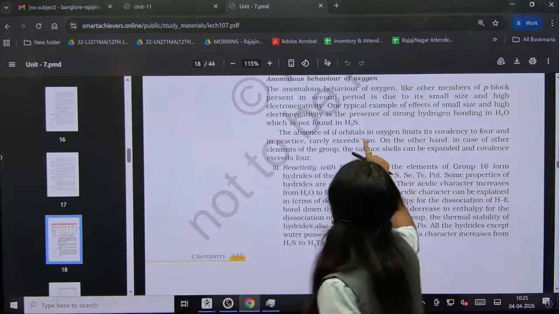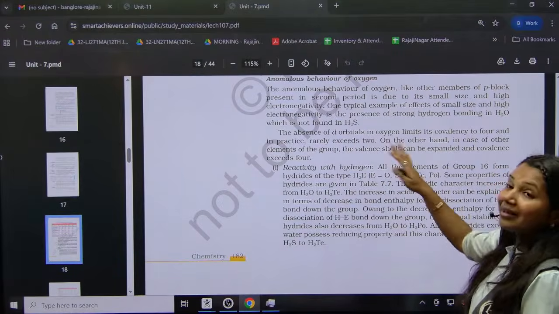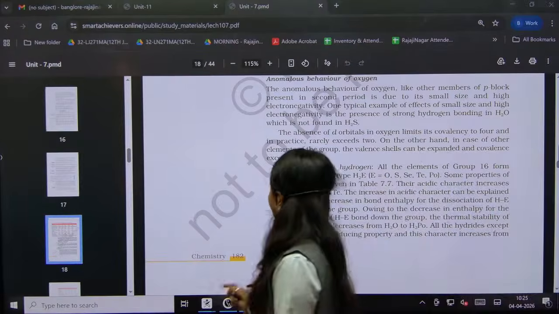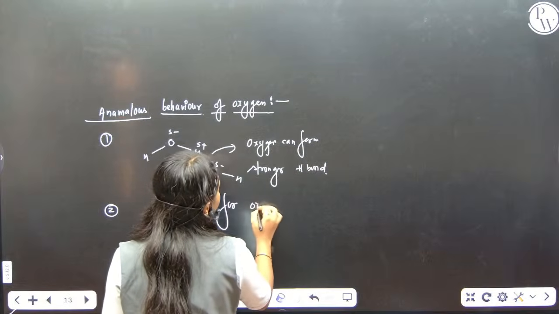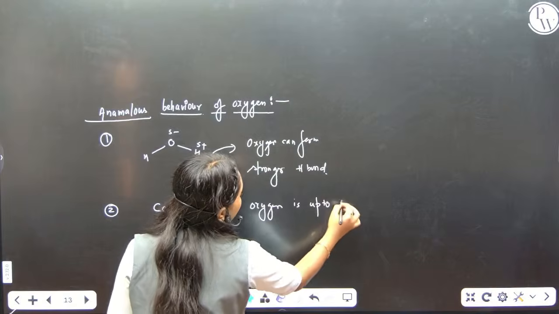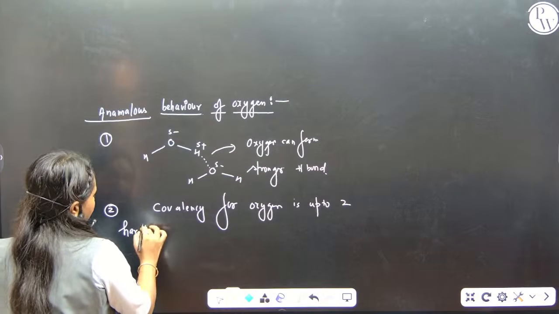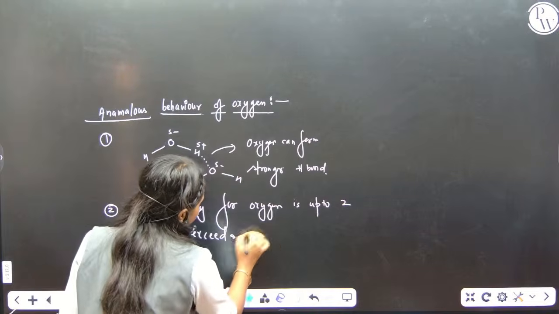The absence of d orbital in oxygen limits covalency up to 4 and rarely exceeds 2. On the other hand, in case of other elements, covalency for oxygen is up to 2, and hardly exceeds 2.